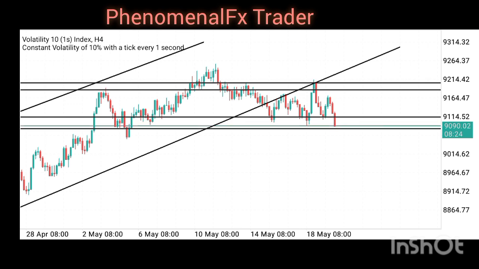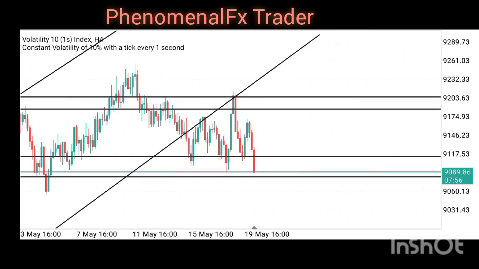The only four-hourly candlestick that will close below this zone and confirm that the market has successfully broken out is the last four-hourly candlestick of the day, the one that closes exactly at the same time with the daily candlestick. That's the only one. I don't know if you guys understand what I'm trying to explain here. I believe my students will, because I try to explain these things in my mentorship.